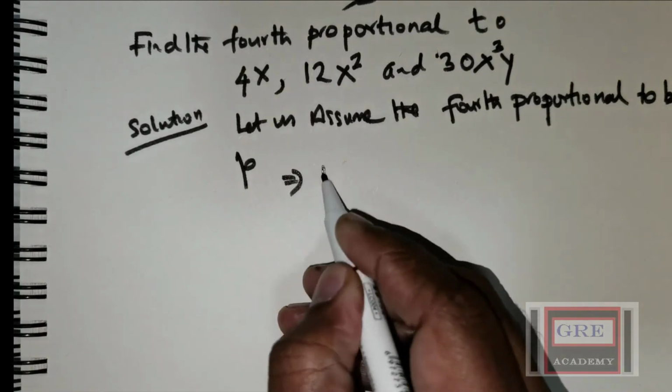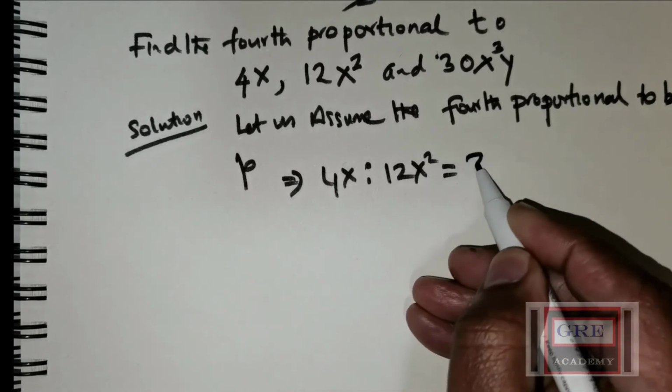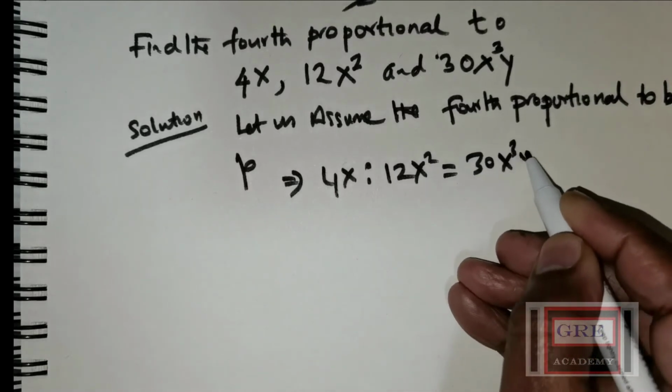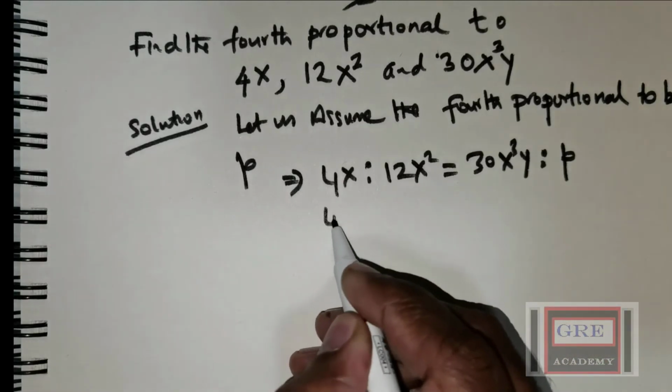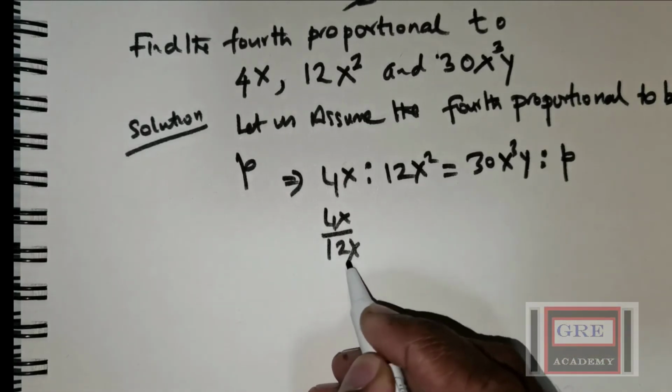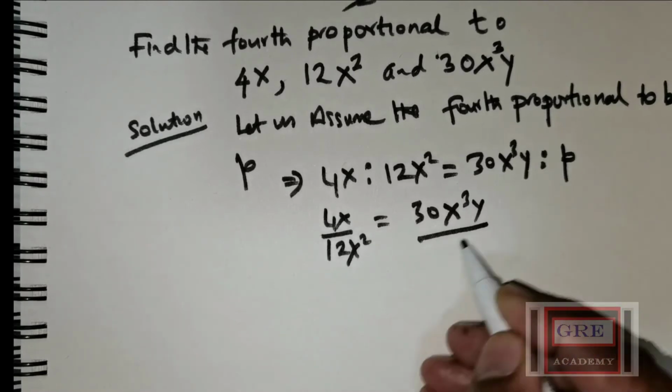So this would mean 4x is to 12x squared is equal to 30x cubed y to p. I can rewrite this as 4x over 12x squared is equal to 30x cubed y divided by p.